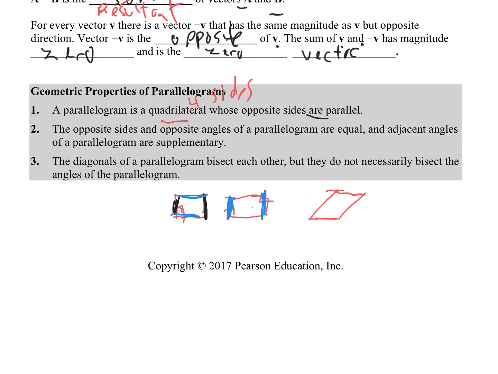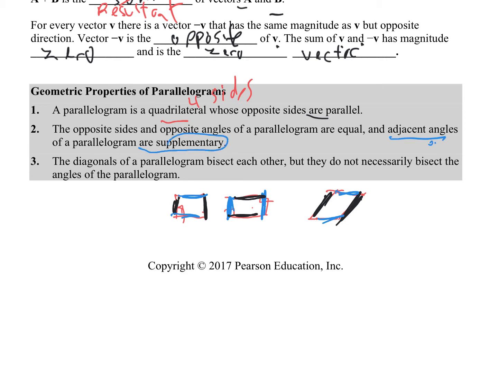Parallel, parallel. Now I'm getting kind of bored, right? So are you. And what else? The adjacent angles. That means the angles that are next to each other always have to be supplementary.